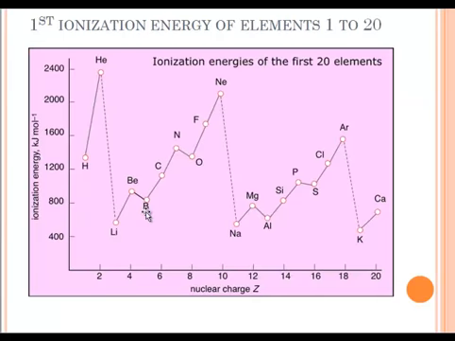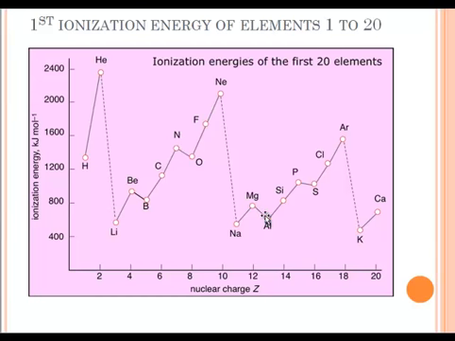Here is the first ionization energy of the elements 1 through 20, and you can see from the hydrogen, helium, lithium, beryllium, boron, and all the way to nitrogen and oxygen.